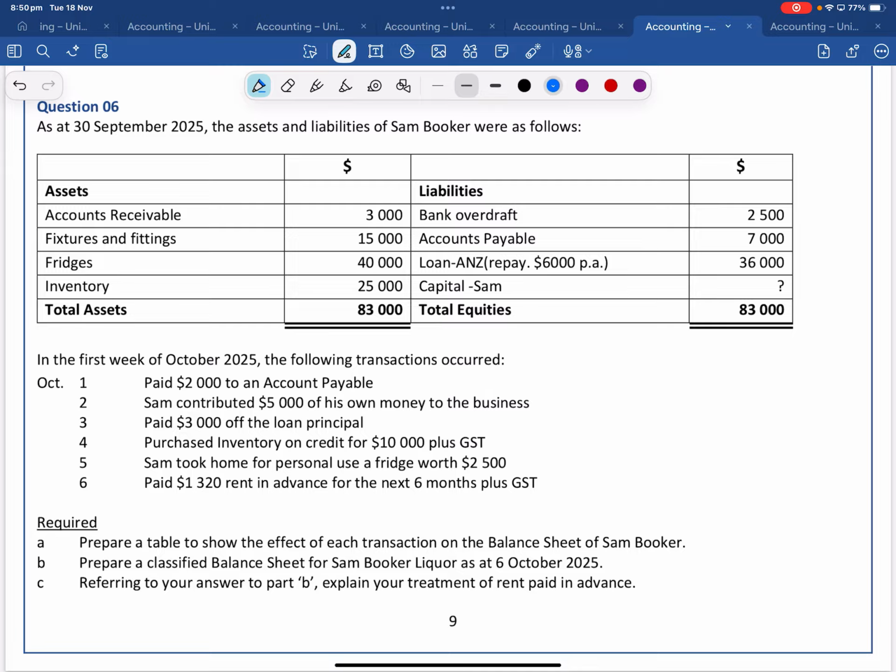Not given. What would you do? You'd still put 6,000. But what about the 3,000 though? Just subtract that from the current portion. Yeah, it's fine, so it'd be 3,000.